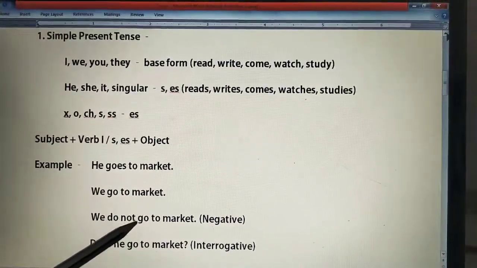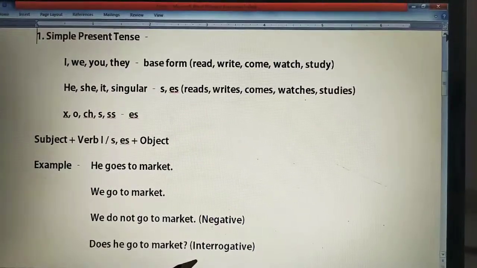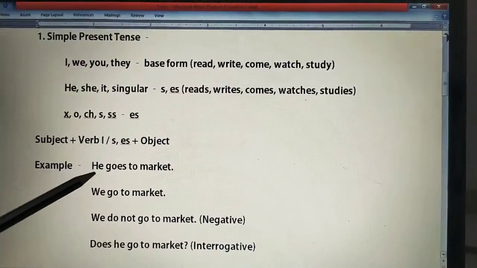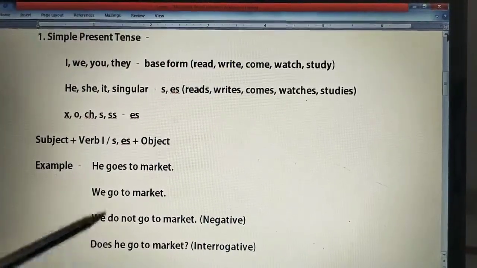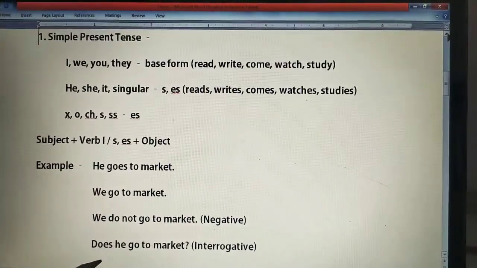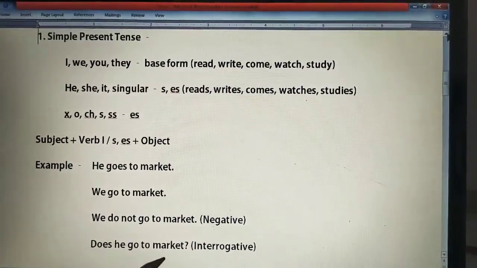Okay, and if we have to change a simple present tense sentence into an interrogative sentence, what will we do? We will add do or does in front of the sentence. If the subject is a third person singular subject, then we will use does. If the subject is not a third person singular subject, then we will use do. For example, does he go to market?